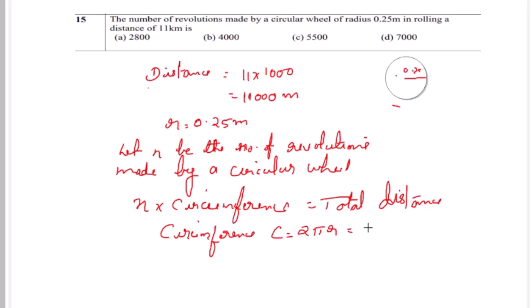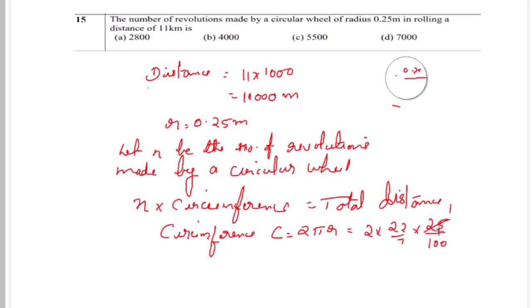That is 2 into pi value, which is 22 by 7, into r. R is 0.25. That 0.25 can be written as 25 by 100. 0.25 is a decimal, so 25 by 100.